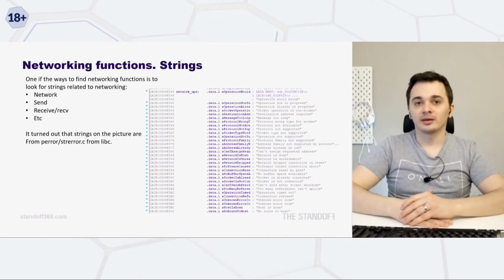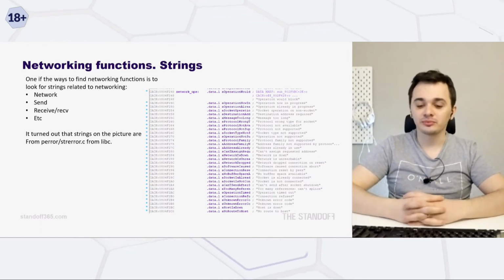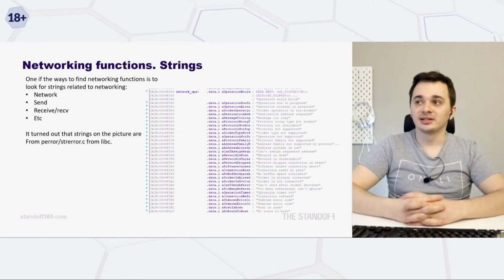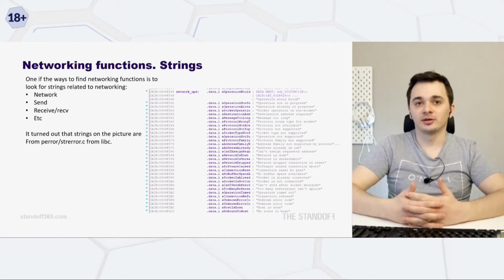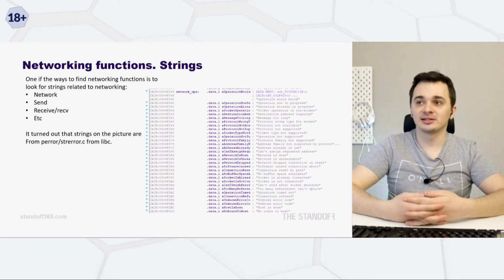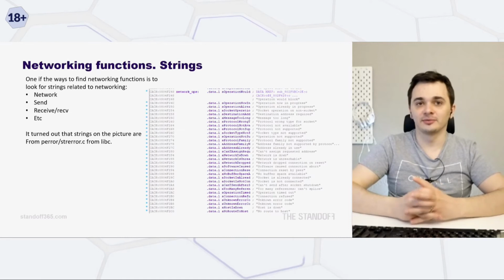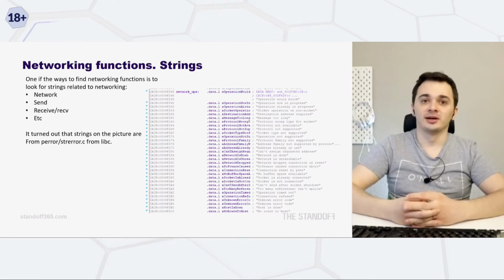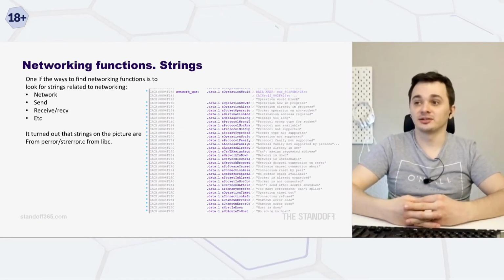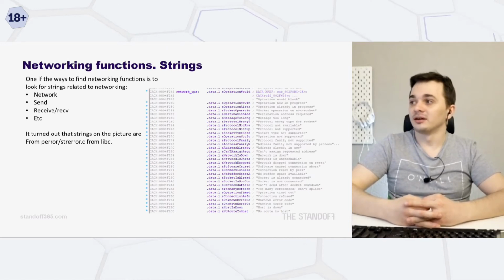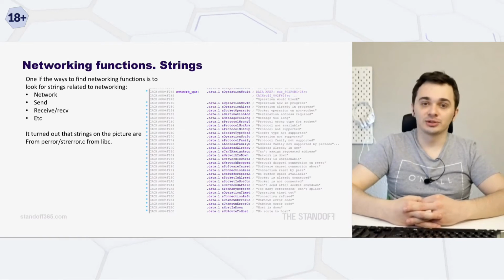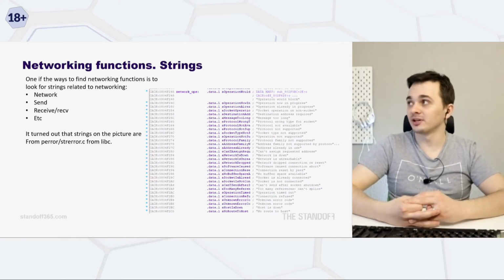One of the ways of doing that is to look for the strings in the firmware for information about network interaction. That is, to look for network send, receive, and similar operands or strings. As you can see, this is exactly what worked for us here.